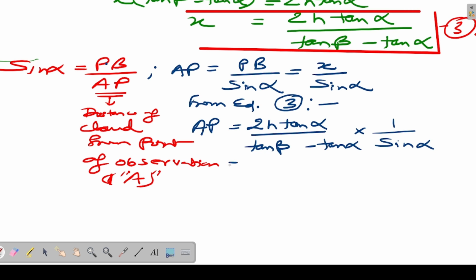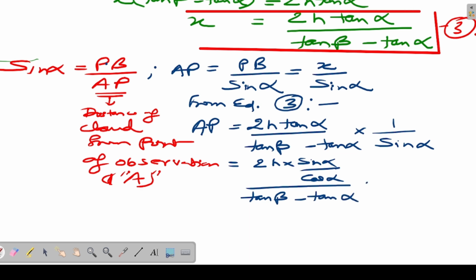And here, tan alpha can be written as sin alpha by cos alpha, so h sin alpha by cos alpha divided by tan of beta minus tan of alpha, times 1 by sin alpha. Here what we will do?